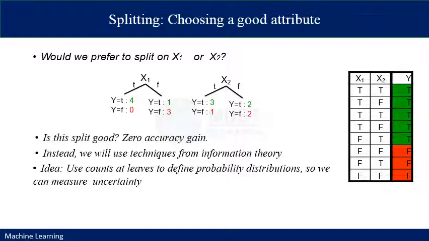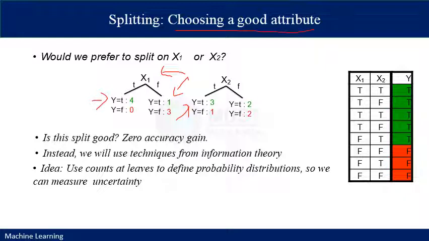So let's come back to the question: how will you choose a good attribute? As in this example, would you prefer to split on x1 or x2? As you can see, for x1 we have divided the tree into two parts, as this is a binary problem, and we have four correct classifications in the true branch and one correct classification in the false branch.